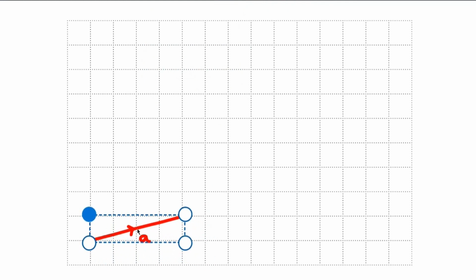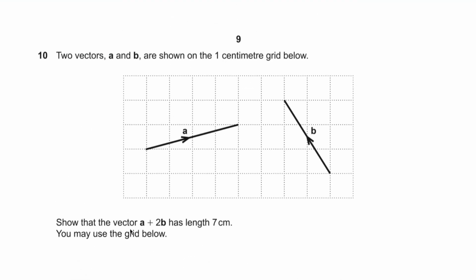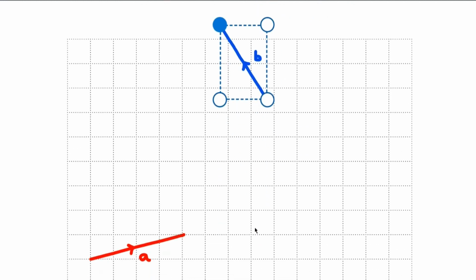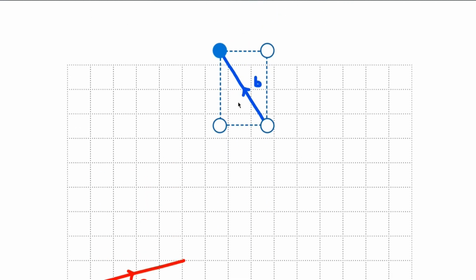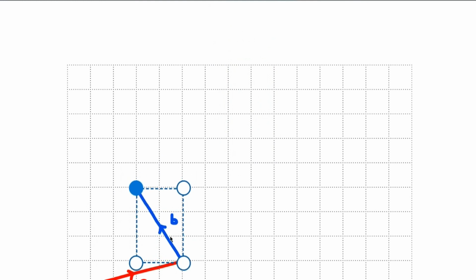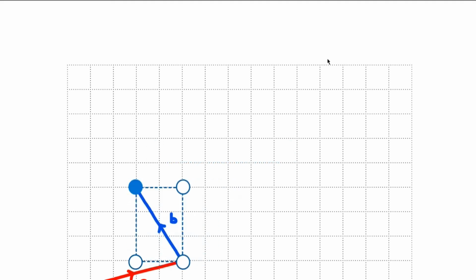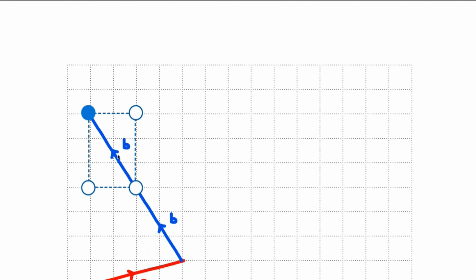And what I need to do to vector A is add on twice vector B. So I've got vector B here, okay, and what I need is two of these. So there's one of them, and here is the other.